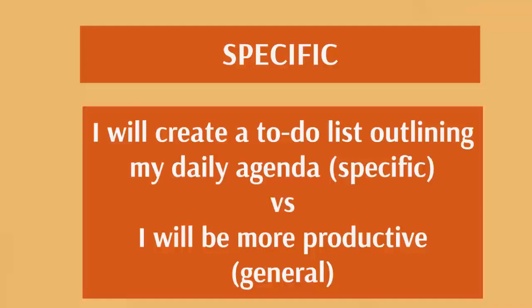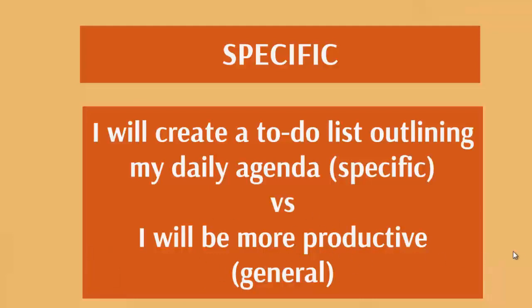When you wake up, what are your major to-do items that are constantly ongoing? And then what are the main to-dos that you have to have done, and which ones are kind of optional, versus I will be more productive.